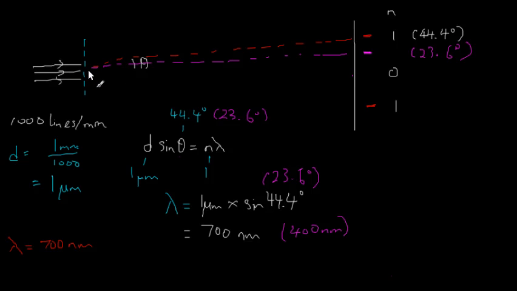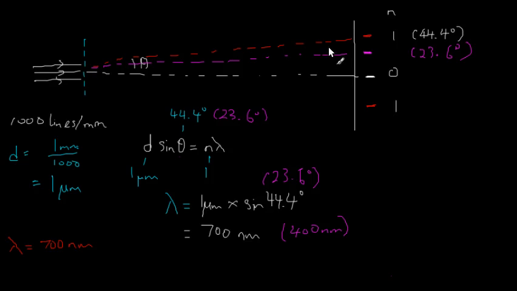So all of that light will produce a fringe at the center. They would all overlap at the center, and that must be white in color because all the colors come here.